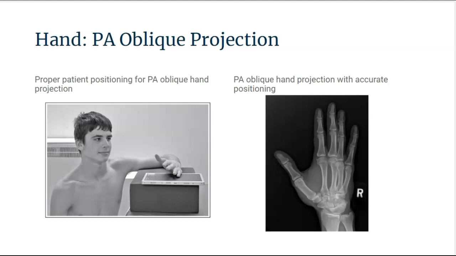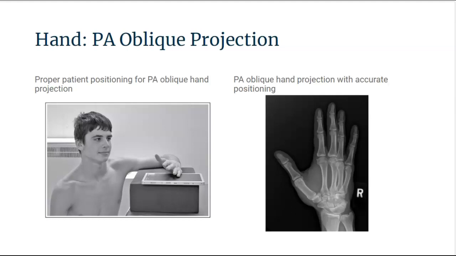The first through second metacarpal heads should not be superimposed. The third through fifth metacarpal heads are slightly superimposed, and only a small space is present between the fourth and fifth metacarpal midshaft. There is no soft tissue overlap from the adjacent fingers.